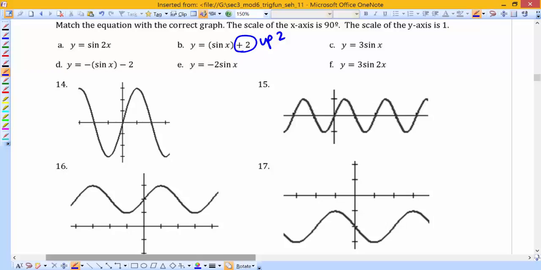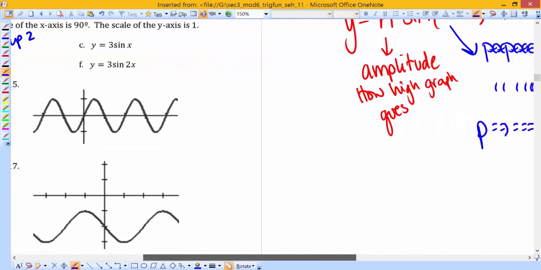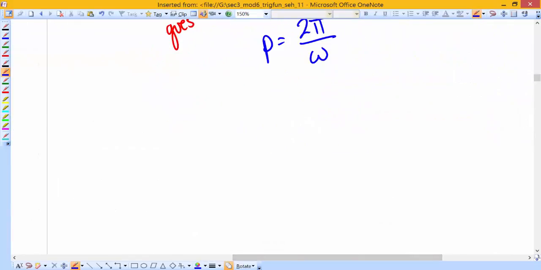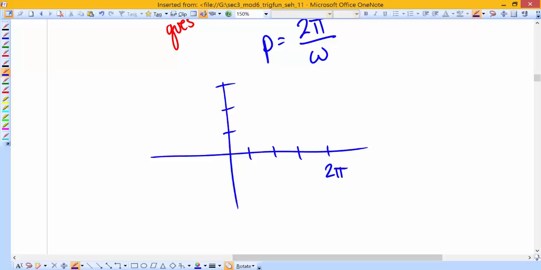And in class, we will have discussed that the basic sine graph, if I put a coordinate plane in here, is 2, 3, 2, 3, 4. So here would be 2 pi, and it would start at 0.